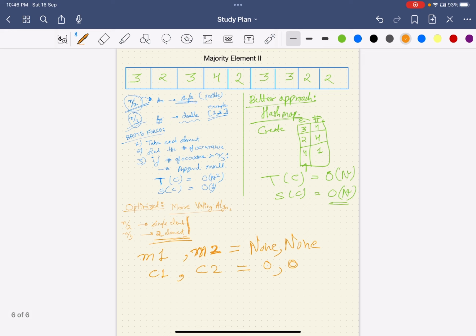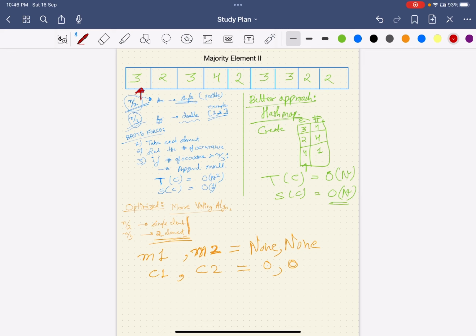So it says basically start from the first position. Initially I will be at the first position, which is 3. First you look whether the count 1 is 0 or not.